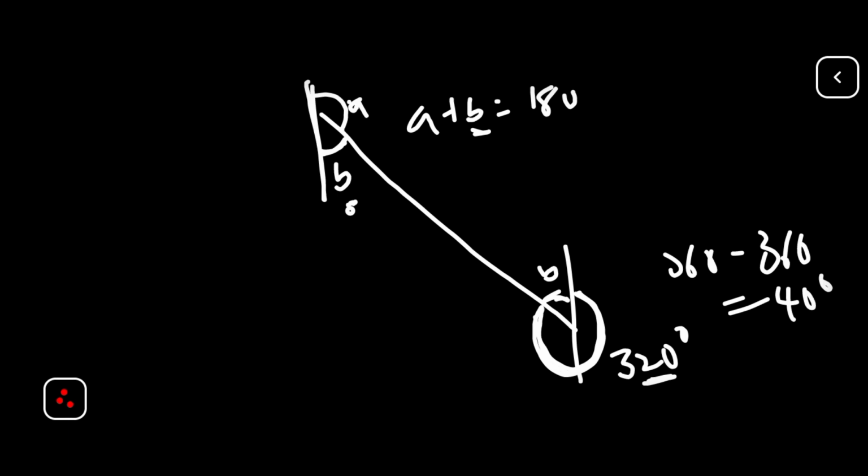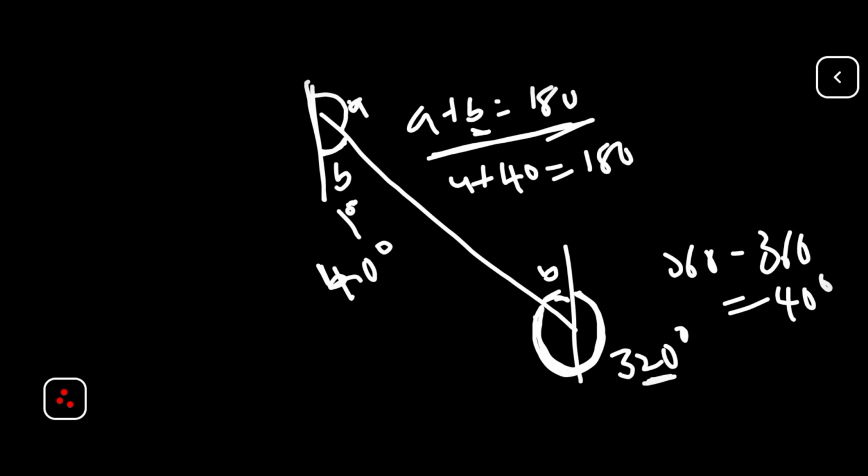So we got 40 degrees for B, and that means here is 40 degrees for B. And since we already have this equation, we can just put the value of 40 degrees here, equals 180, and then we have A equals 140. Well, we bring 40 to this side and subtract. So that is one way to find the value of A, or that angle.